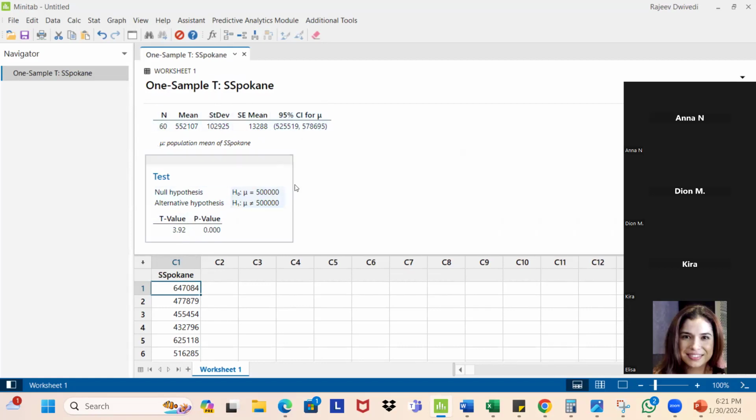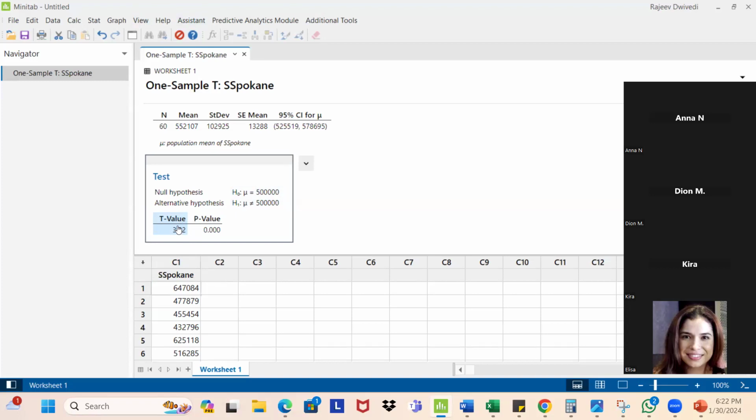You know all these numbers and their meaning. If mu equals 500,000 and t value is 3.92, what is the meaning? Let's see the t value for n equal to 60, and then we compare. This is the calculated or statistics value.